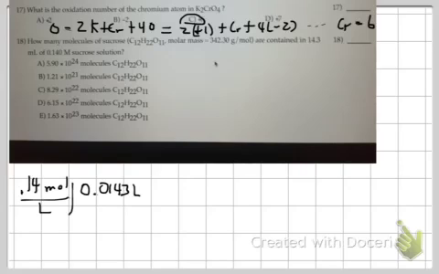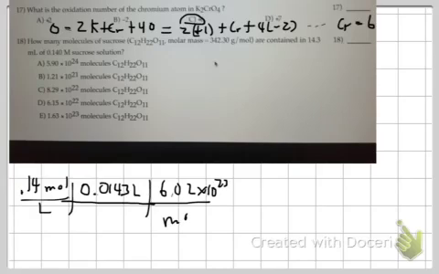If you want to go through and do the milliliters to liters, 14.3 milliliters is 0.0143 liters. And then, so this will give us the moles of sucrose, then times 6.02 times 10 to the 23rd per mole. So that should give us that.